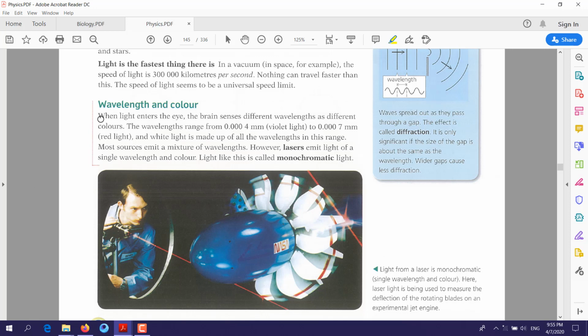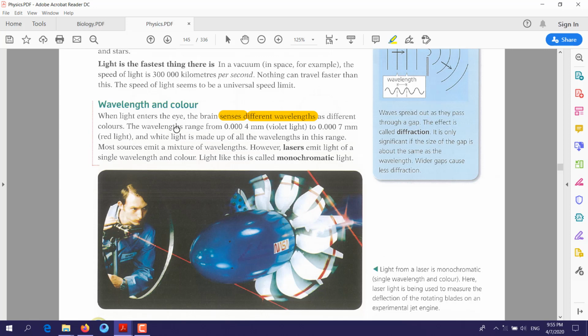When light enters our eyes, the brain senses different wavelengths, and that is why we can see different colors.